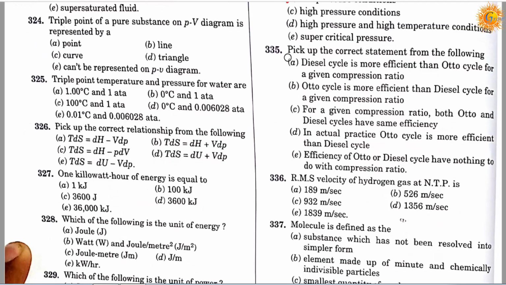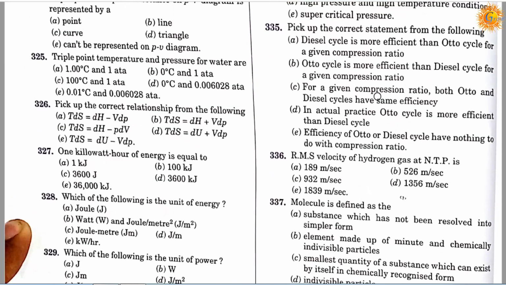Question number 335. Pick up the correct statement from the following. Option A, diesel cycle is more efficient than Otto cycle for a given compression ratio. Option B, Otto cycle is more efficient than diesel cycle for a given compression ratio.